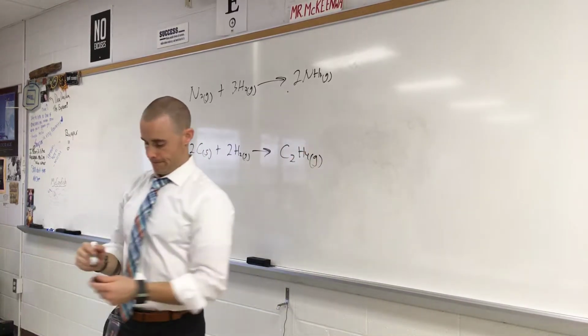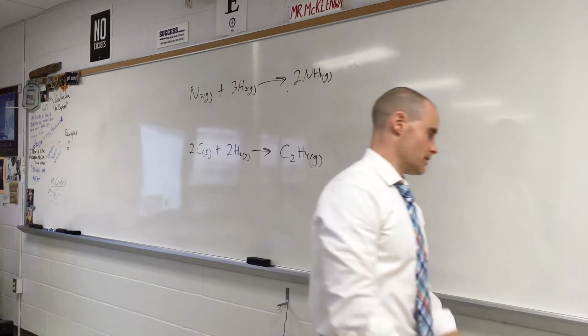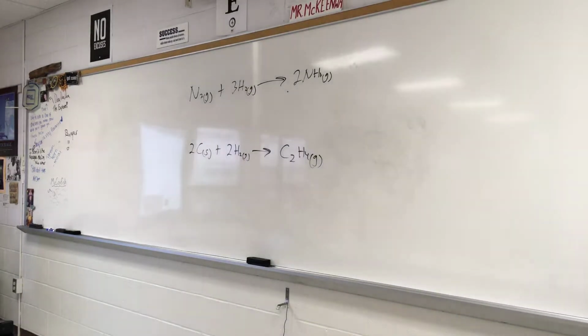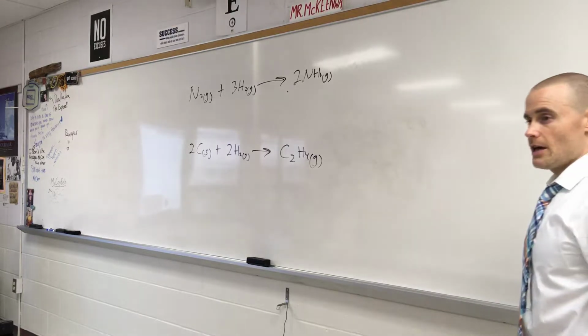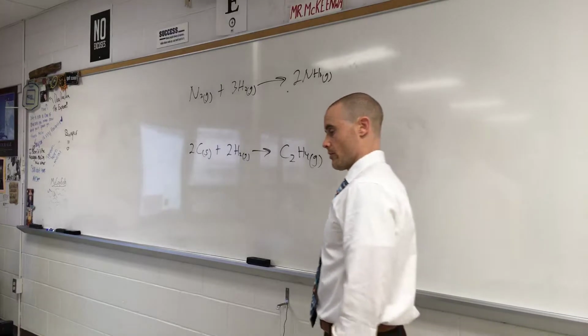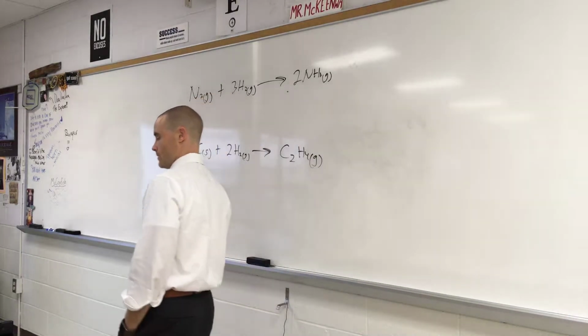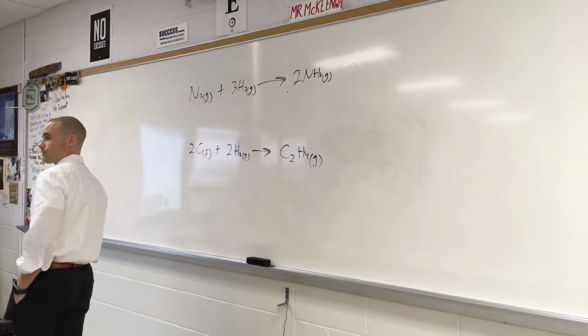Okay. So go ahead and copy those down, and then use table I to figure out which one is endothermic, which one is exothermic. And then we'll do something else.